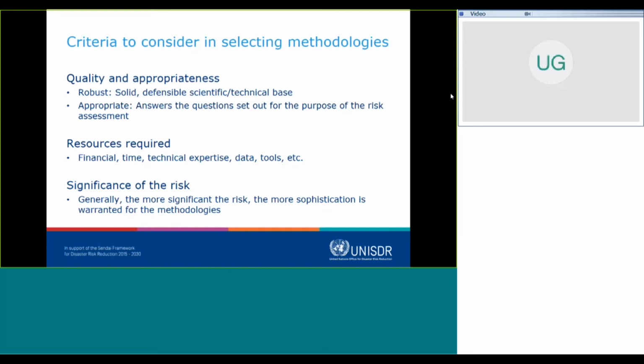So to select the right methodologies from this whole overview of potential methods, we defined three kinds of criteria. Quality and appropriateness is the first. Your methods will have to be as robust as possible, and equally important, they will have to be appropriate to the scoping of your risk assessment.